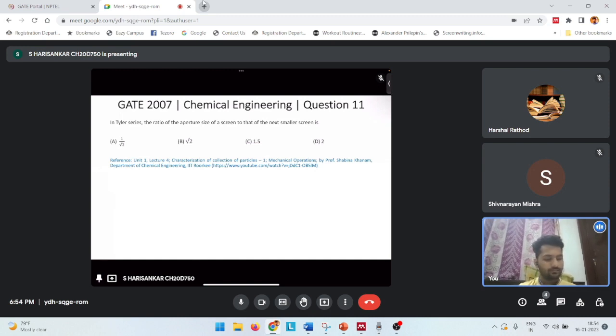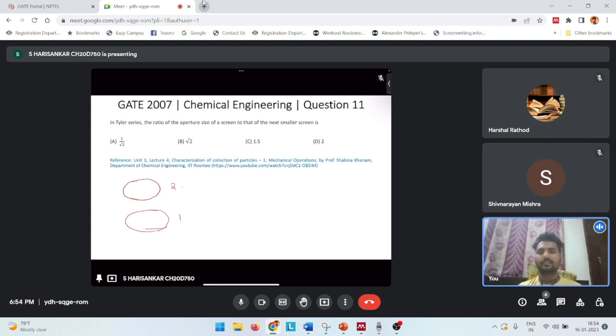So here, let us take two meshes in the Taylor series, and these are adjacent sizes. So let's say this is size 1 and this is size 2. These are the adjacent sizes in a Taylor mesh series, and they want us to find the ratio of the aperture size of this screen to that of this screen. So let us just take these two screens.